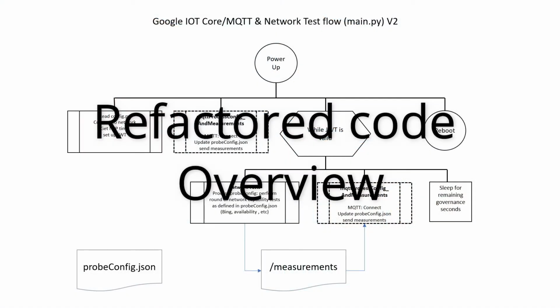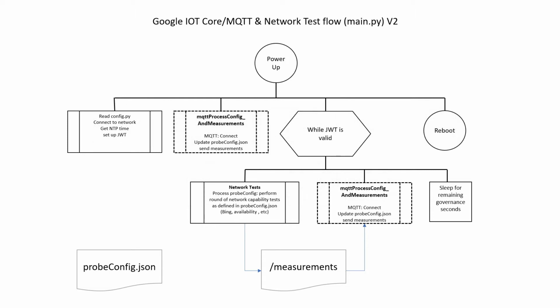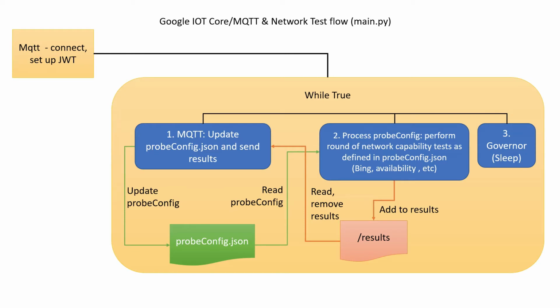So I changed on the ESP32 the actual Python program main.py. This is the new flow through that program. This was the old one, so you can see as well as the diagram looking a bit better, the main change is down here in the results.